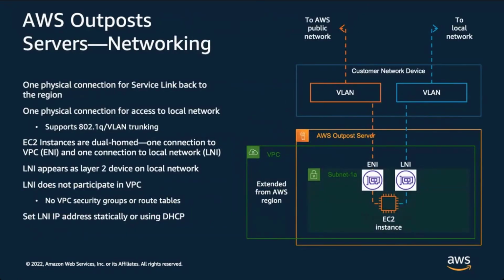Let's talk a little bit about Outpost Servers networking, and I want to spend a few minutes here because it is different. It's different from the way we do things in region, and it's different from the way we do things on Outpost racks. A lot of it is because with Outpost racks, we do a lot of layer 3 connectivity to get from the outpost to the local data center network.